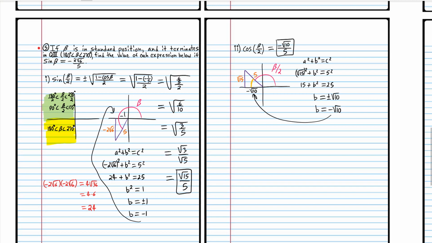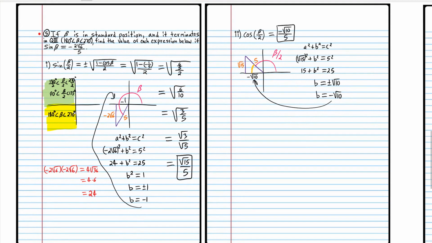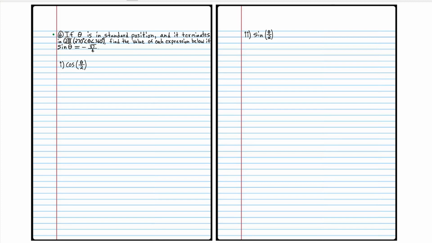Okay, so go ahead and take a picture of that problem. You're going to do a problem just like that. I want you to try number 6. You're going to use a half angle formula, but you have sine theta, you don't have cosine theta.